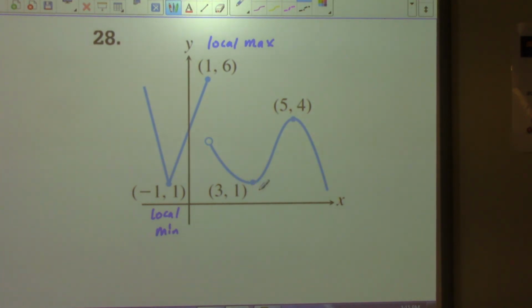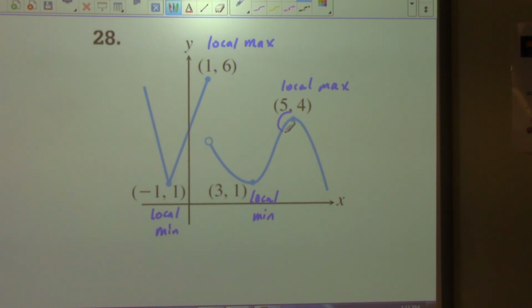What about down here at 3, 1? And then at 5, 4? Local maximum. Why is this a local maximum here? Because of the peak. Yeah, it's a peak, right? It's the highest all around.